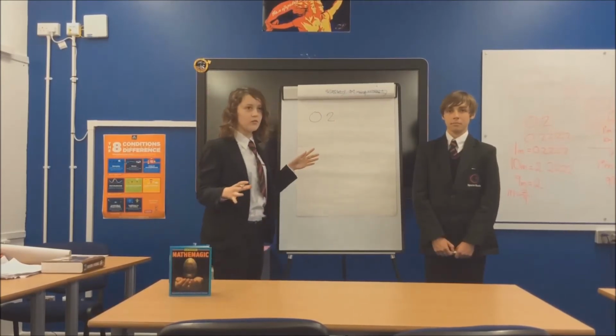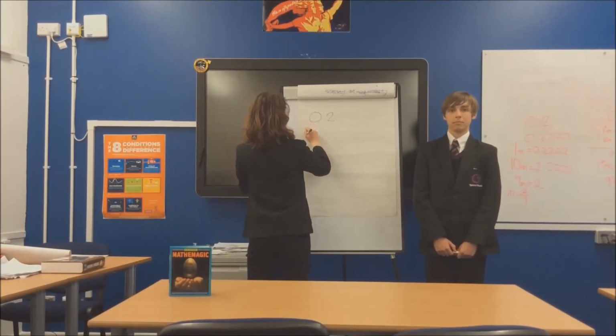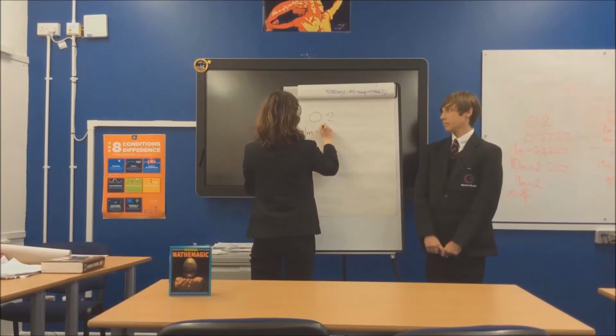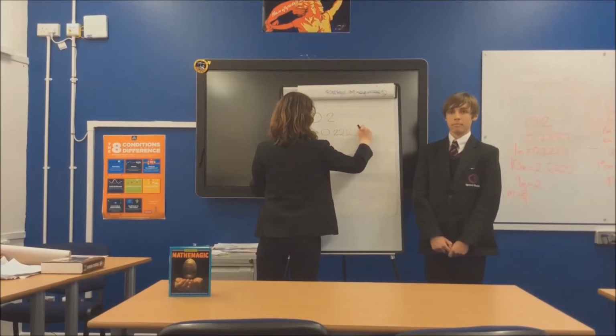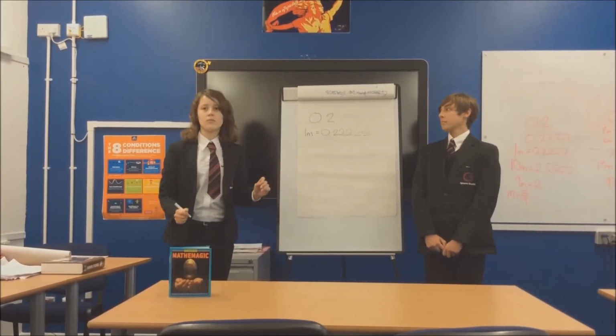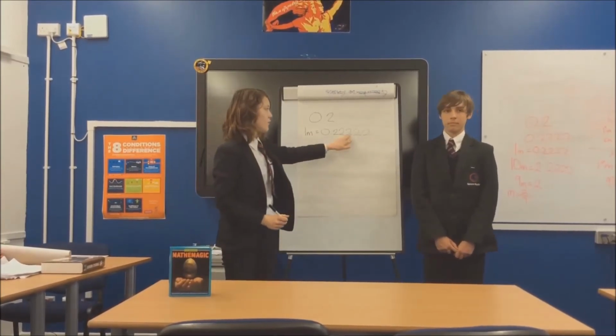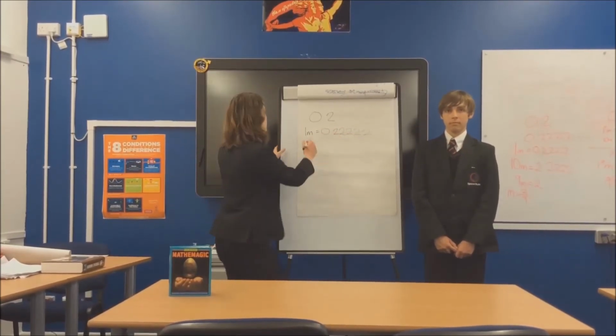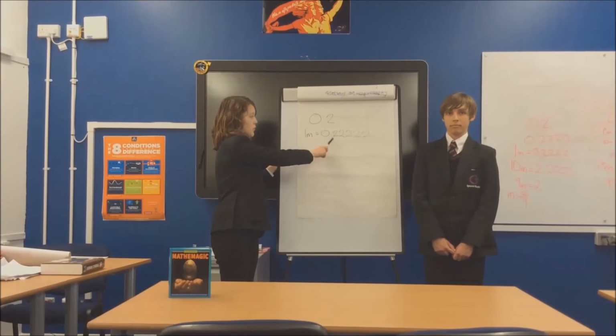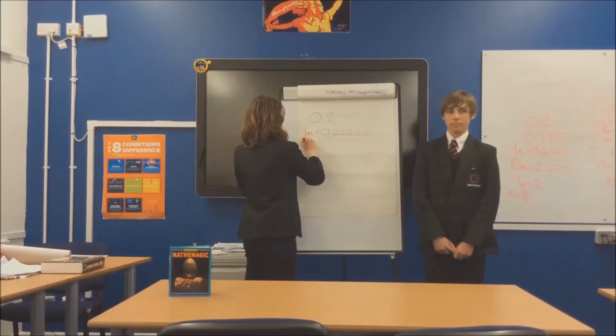What we need to do is get rid of this recurring section so we can put this into a simple, easy fraction. To move this, we just need to times this by 10.